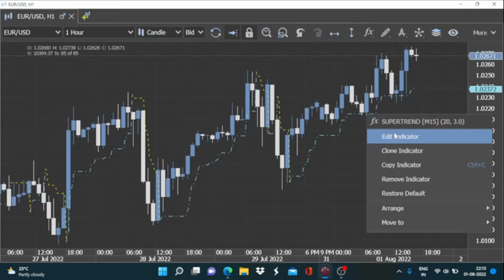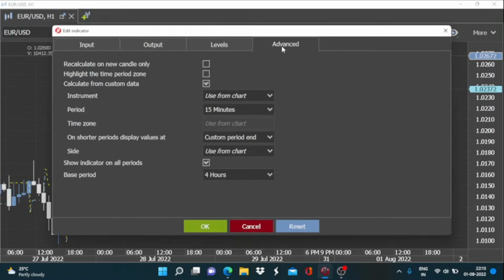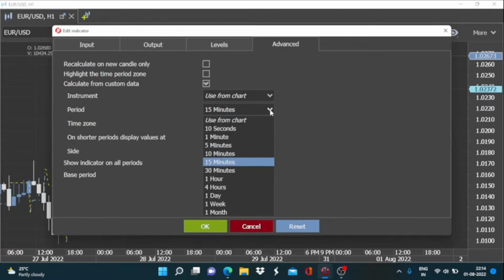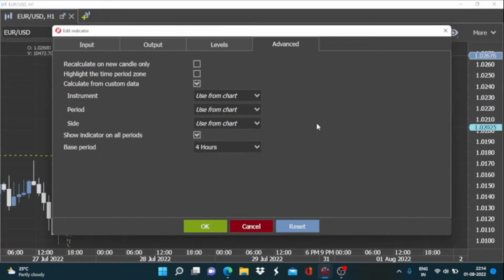So you can use this combination to consider various options how this indicator is showing up on different time frames compared to the current time frame. So we can opt for this. Now if I restore it back to use from chart, it will only show up on the calculation period which we have defined on the chart.